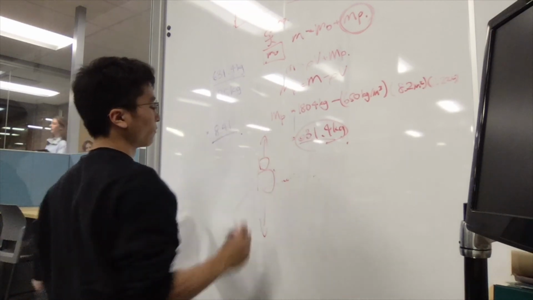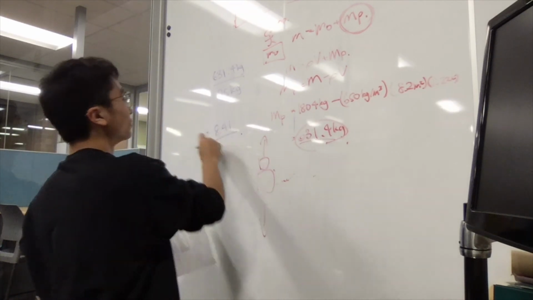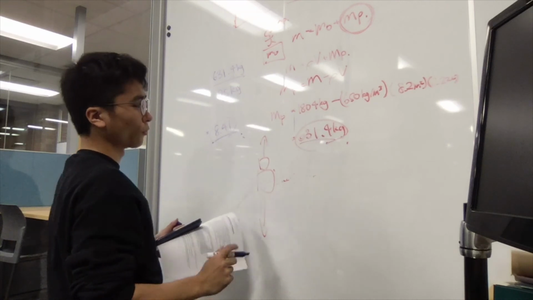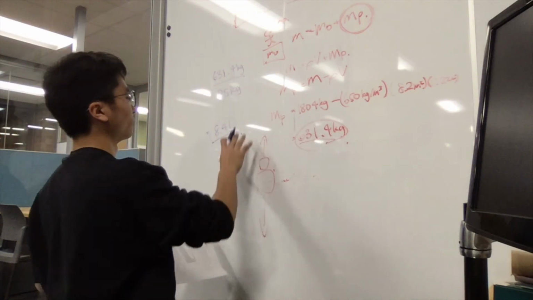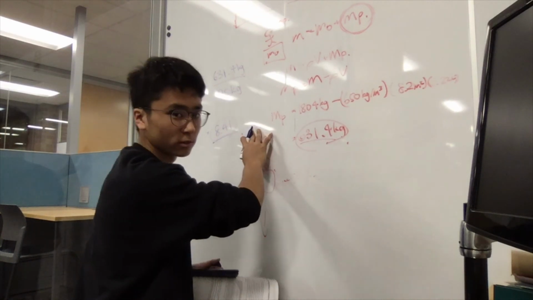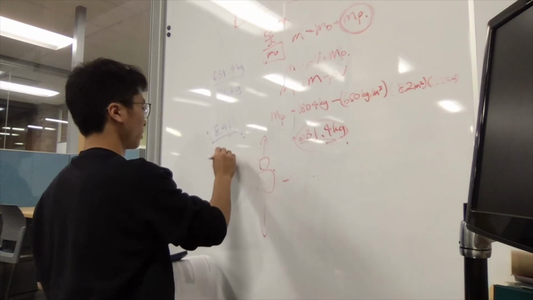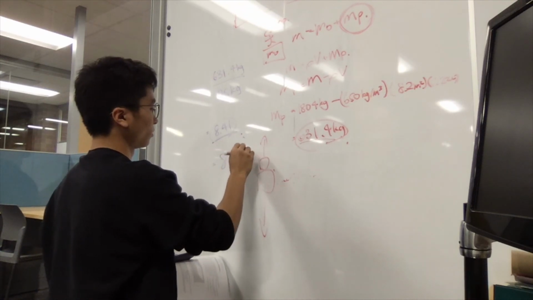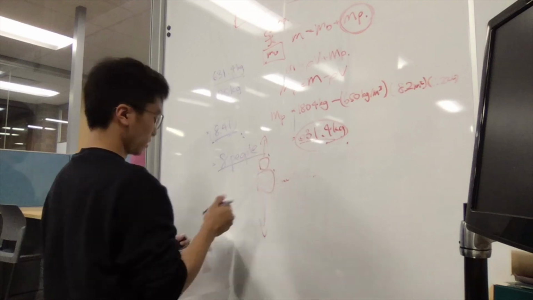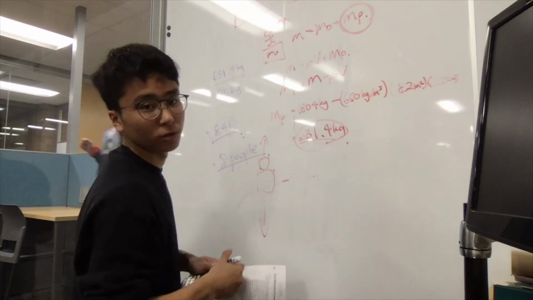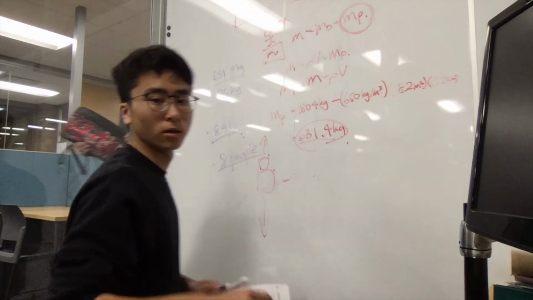So this means we could fit 8.41 people. However, 0.4 people doesn't exist, so there will be 8 people maximum that could fit on the object, and it will keep floating.